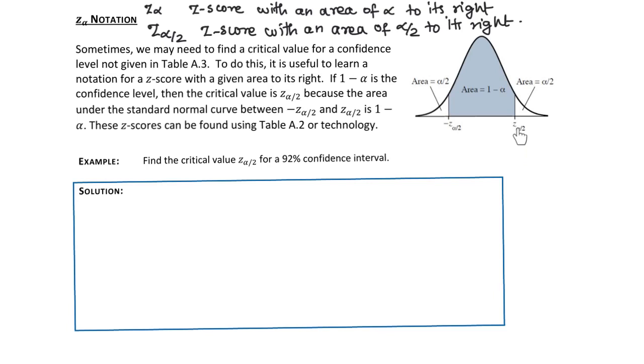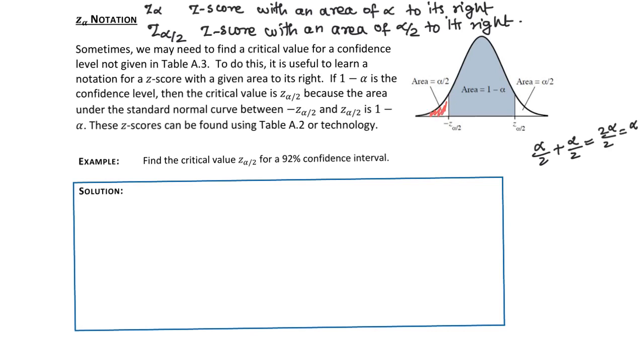So in this example, if we have z alpha over 2 here, that means the area to its right is alpha over 2. So this is negative z alpha over 2, and this area also will be alpha over 2. If you add alpha over 2 plus alpha over 2, that makes it 2 alpha over 2, which is equal to alpha.